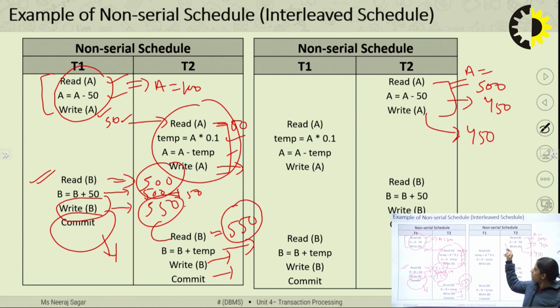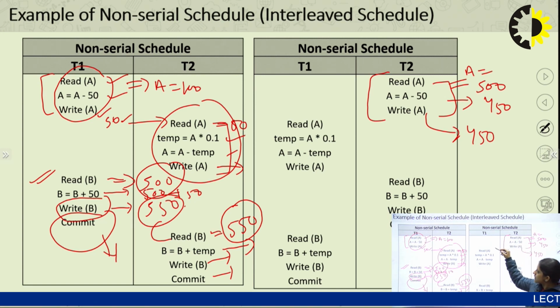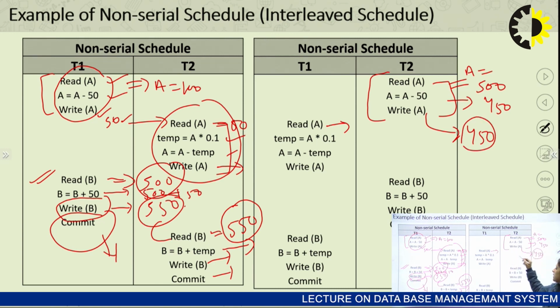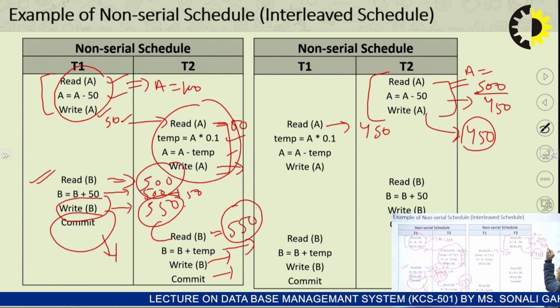Now after execution of this part, we again start T1, and the first step is read A. Read A means 450. Here T1 reads A, that is 450 rather than 500.